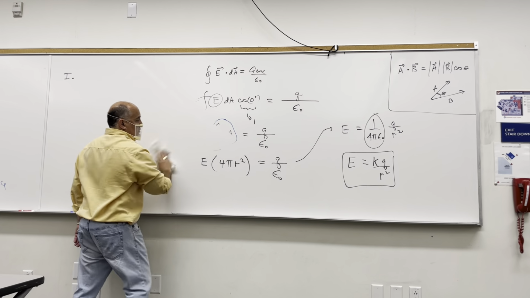Or you can say air if you like. The total charge on this thing is Q on the metal, but in addition to that, I placed a point charge over here. And the total charge of this is Q. Good?